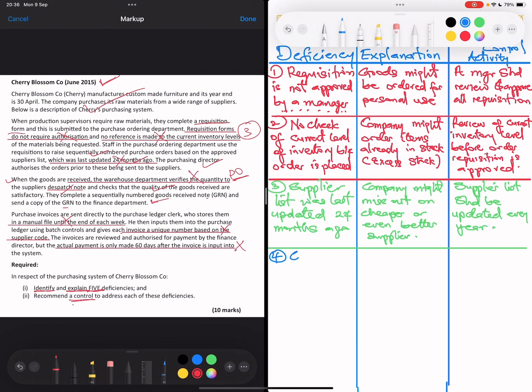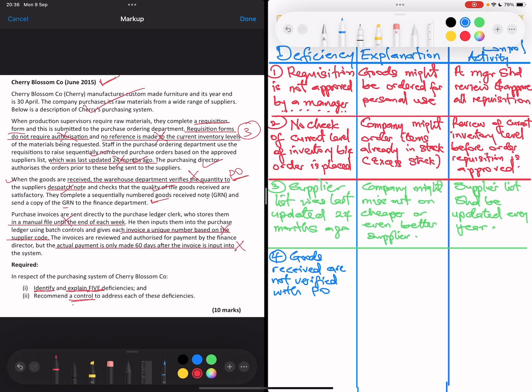So here, goods received are not verified with purchase order. And you know the control is the opposite of the weakness. When goods arrive, they have to be compared with the purchase order to ensure that correct goods are being received.